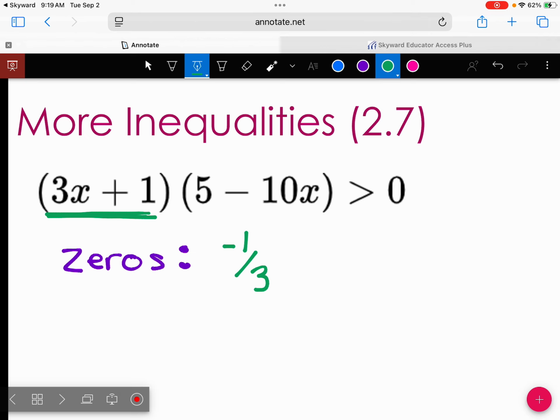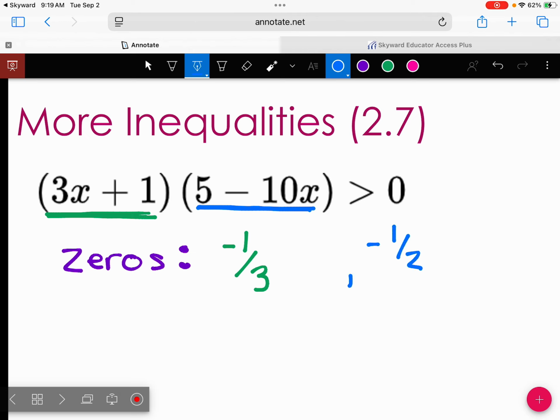Divide both sides by 3, x equals negative 1/3. What is our 0 for this one? Not 2. 1/2. Because I subtract 5 from both sides, we get negative 10x equals negative 5. Divide by negative 10, and so we get positive 1/2.